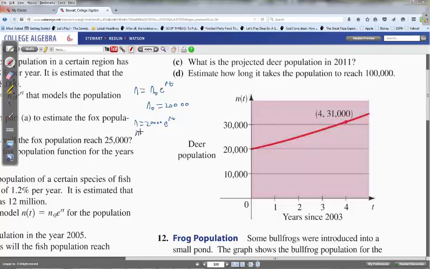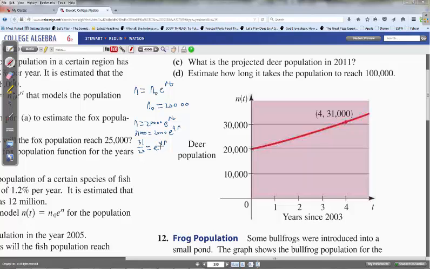So 31,000 equals 20,000 e to the 4r. Divide out the 20,000, that'll be 31 over 20 equals e to the 4r.